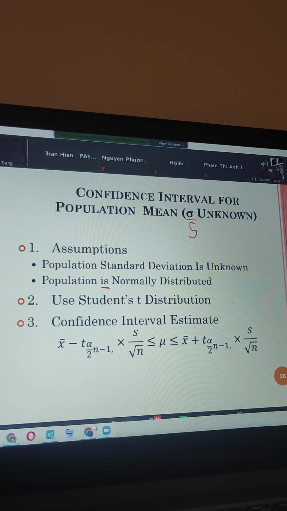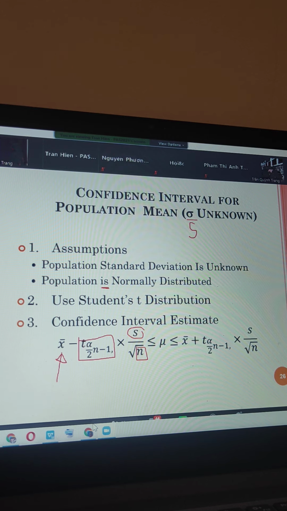Okay, and look at the formula of the confidence interval. In this case, X bar is the sample mean. We will learn the way to find the critical value after this. S is the sample standard deviation, and n is the sample size. We know some notation in this formula.